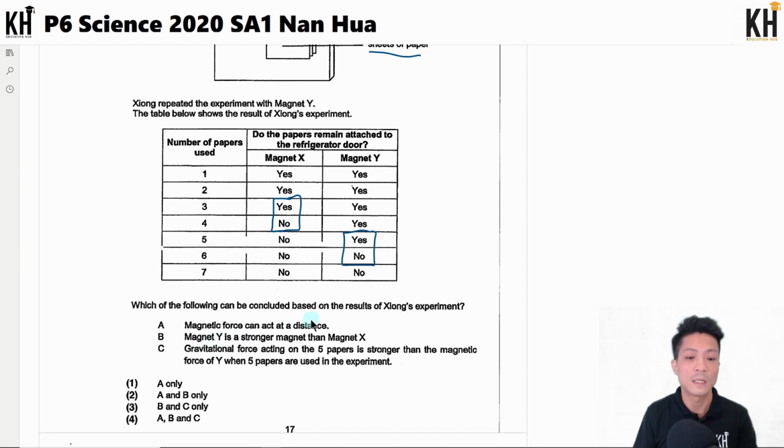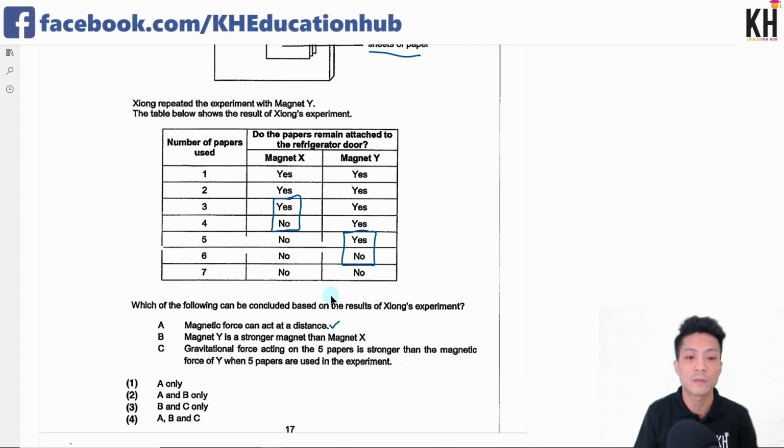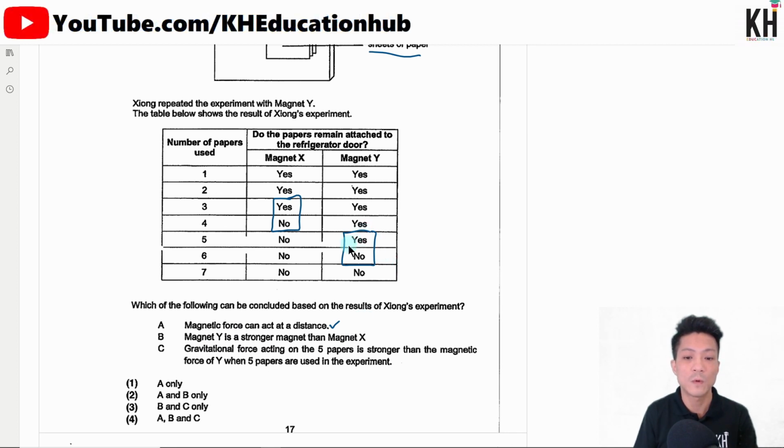Okay, magnetic force can act at a distance. Yes, because there is a bit of a distance between the magnet and the door because of the pieces of paper. Magnet Y is a stronger magnet than X. Yes, because magnet Y can hold on to more pieces of paper.